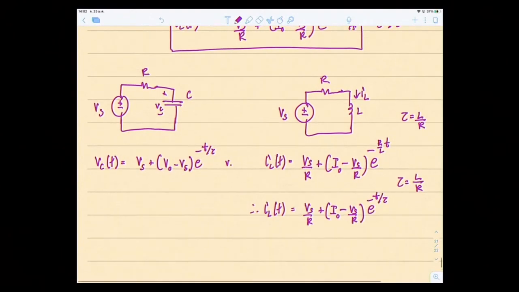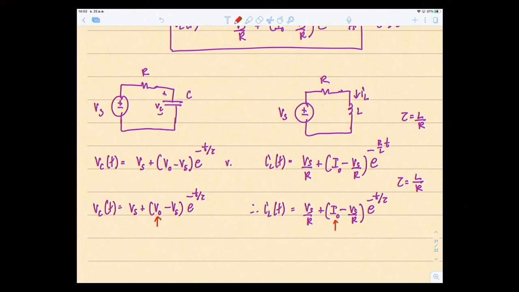Now, let's look. From both of them, if I write down Vc of t again, Vs plus V naught minus Vs, e to the minus t over tau. Let's look at this term here, V naught and I naught.